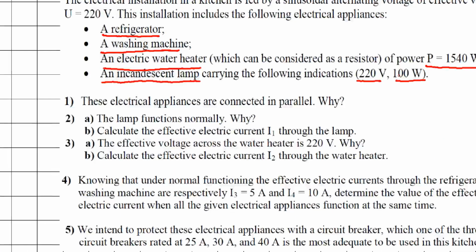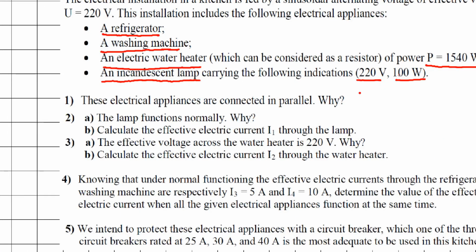These electrical appliances are connected in parallel. Why? Here we must be very careful with this question. In domestic installations, electric appliances are connected in parallel in order to function independently.